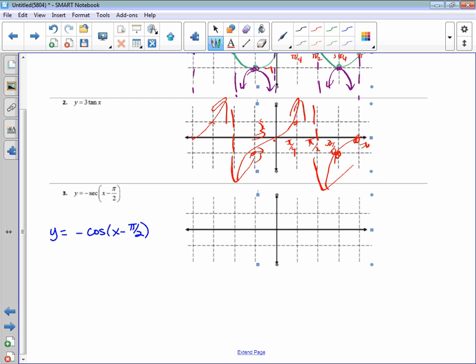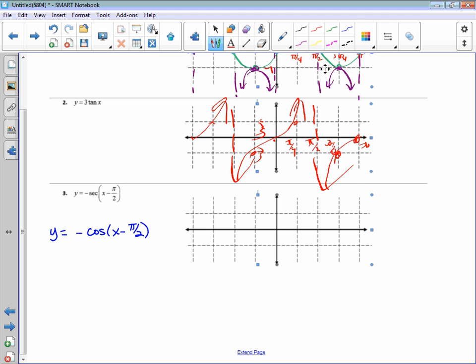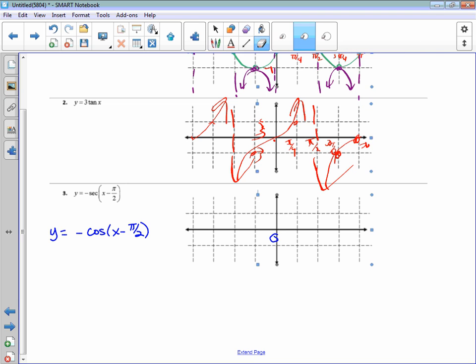You guys will be on the video for black. I'll pick black. Yeah, I'll do that. Wait, why is it blue? Where are the colors? Oh, okay. And then eraser. Yes. All right.